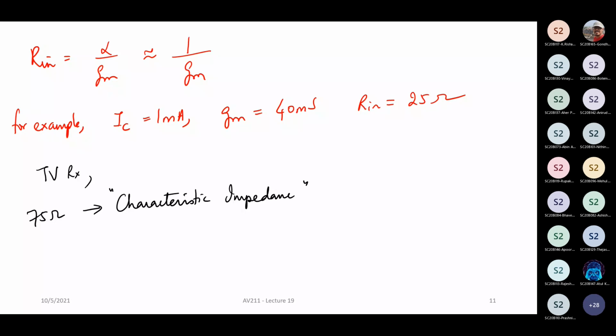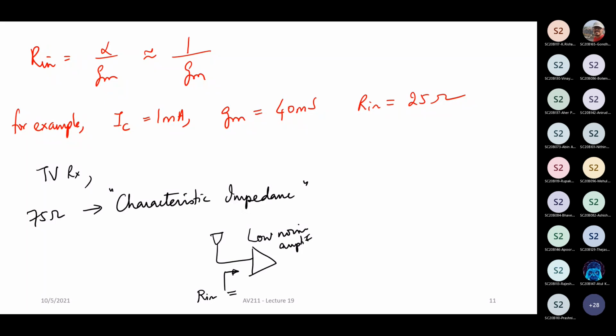In your wireless receivers, your Wi-Fi, Bluetooth, mobile communication, 2G, 3G, 4G, whatever you have, always you have an antenna and then it goes to what is called a low noise amplifier. The important thing is that this input impedance, the Rin or the Zin, should be equal to the impedance that is required.